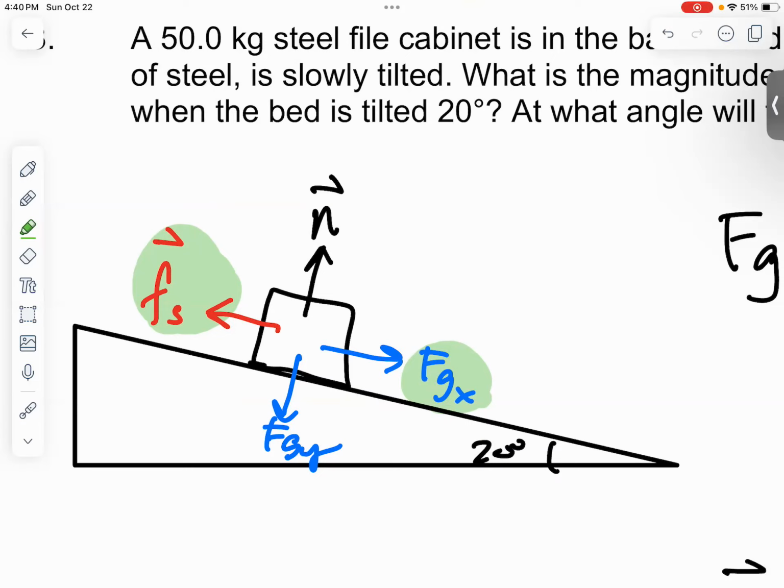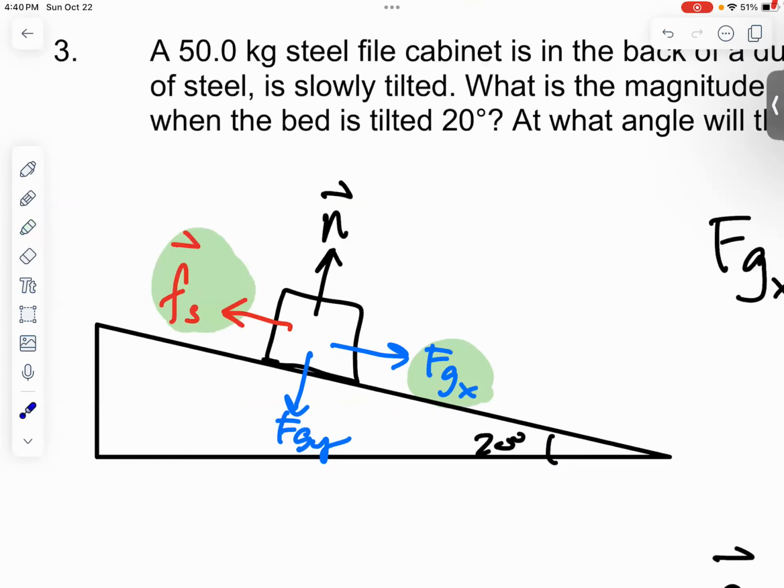Because if that is the case, it will begin to move. If this force is greater than this force, then we will see the file cabinet sliding.